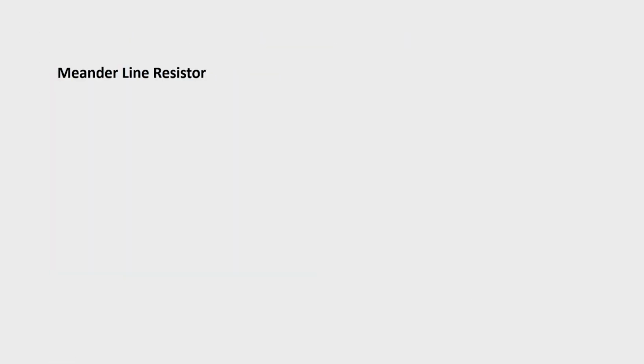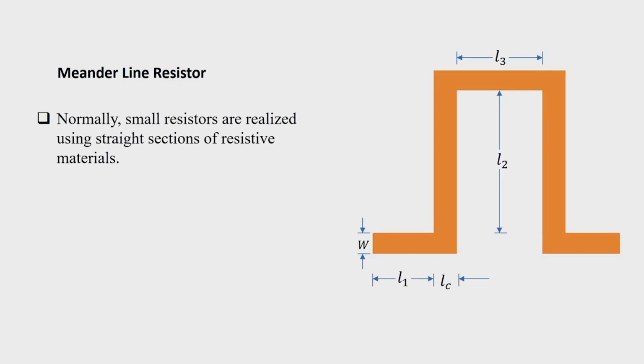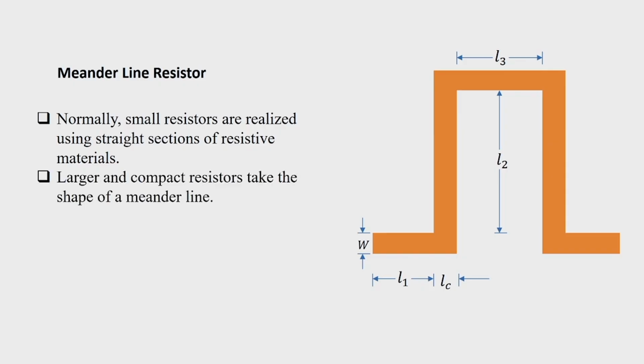Another form of resistor is a Meander line resistor. Normally, small resistors are realized using straight sections of resistive materials, but when it comes to the design of large and compact resistors, a Meander line is used, and a Meander line section is shown here.